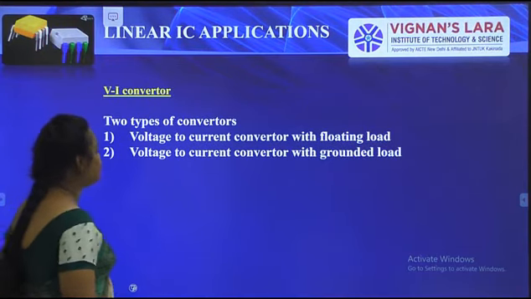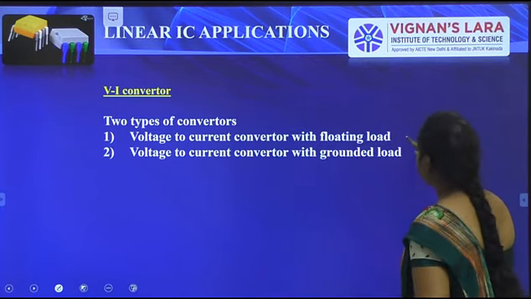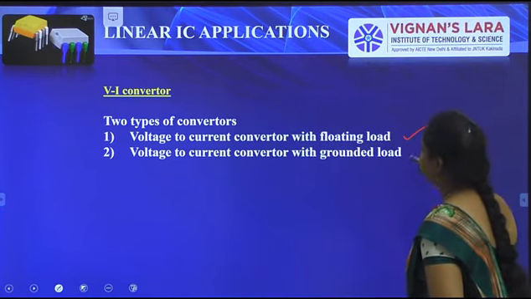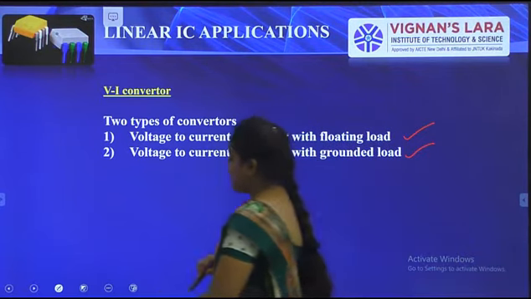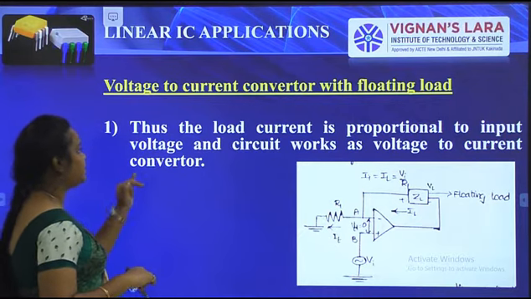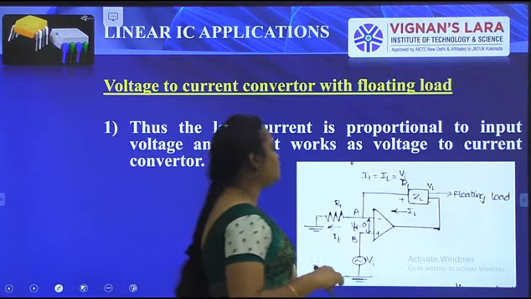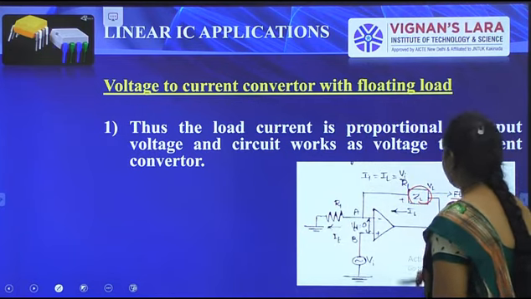There are two voltage to current converters. One is the voltage to current converter with a floating load, and the other is the voltage to current converter with a grounded load. First, the floating load. Floating load means we just add the load to the network.